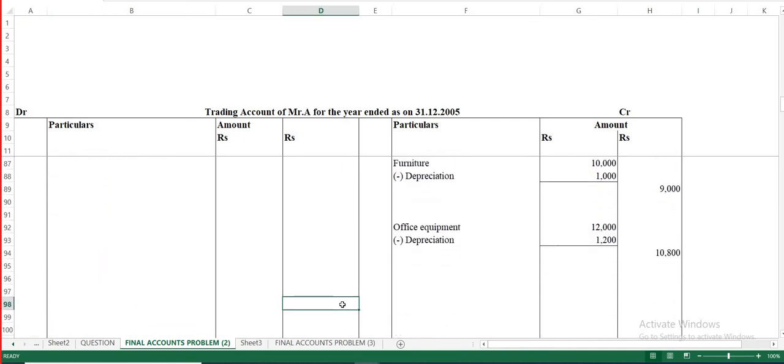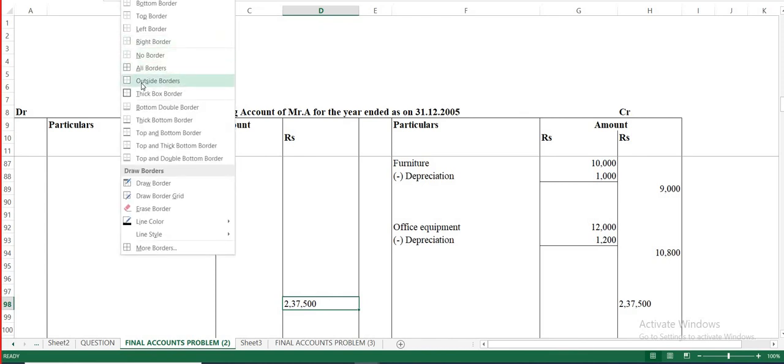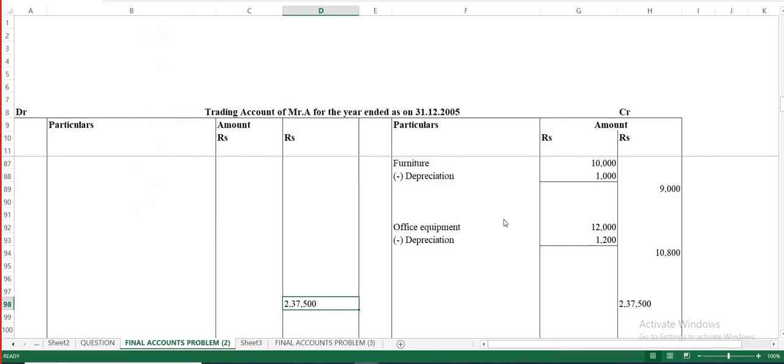So the amount is 2,37,500 on both sides of your balance sheet. Assets and liabilities totals are both getting tallied. Just box it up and show. You can highlight your answers: net profit, gross profit, and balance sheet total, everything you can highlight and show.